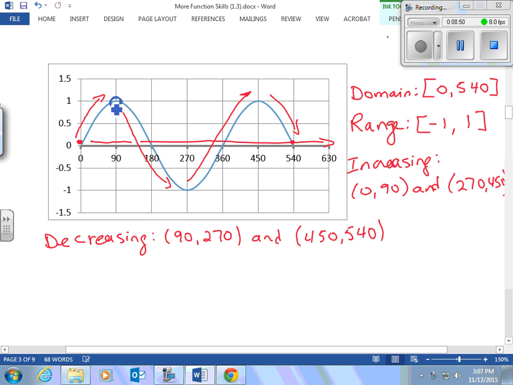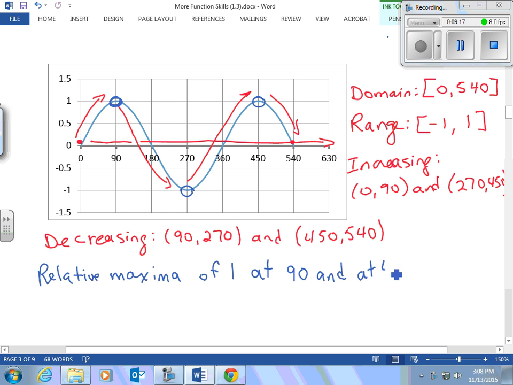So relative maxima points are right here, and the relative minima point is right down there. So we have a relative max. We have two of them. So we have relative maxima of 1, and it's at 2 points. It's at 90 and at 450.